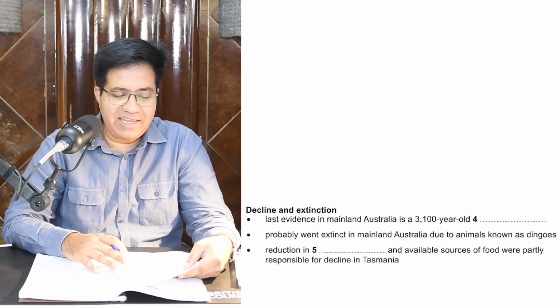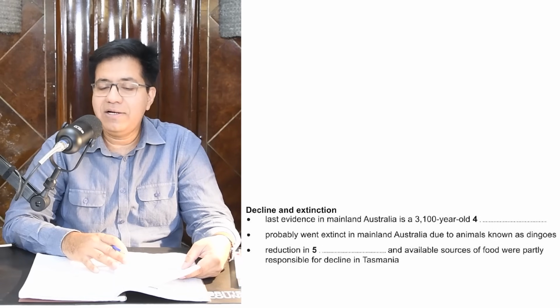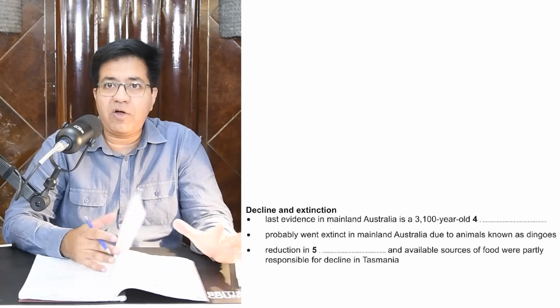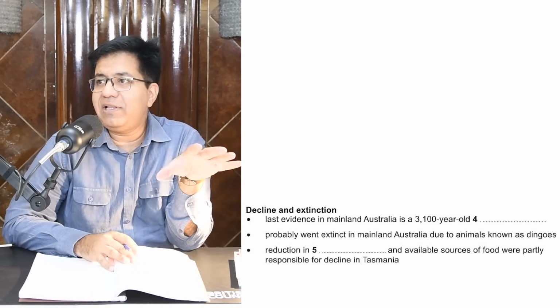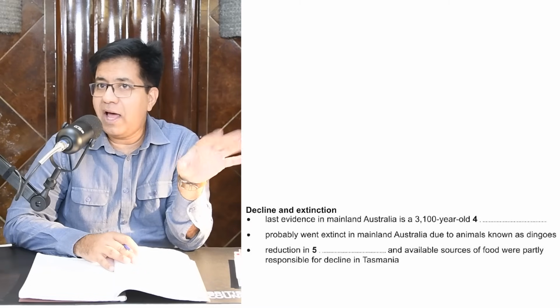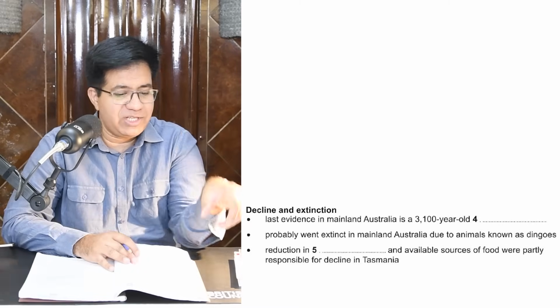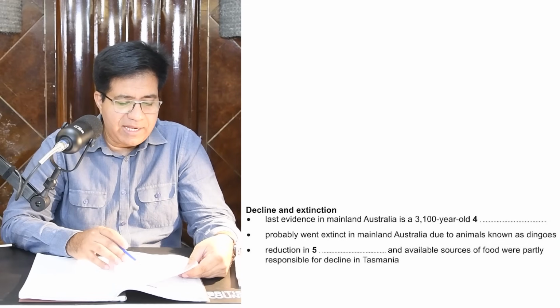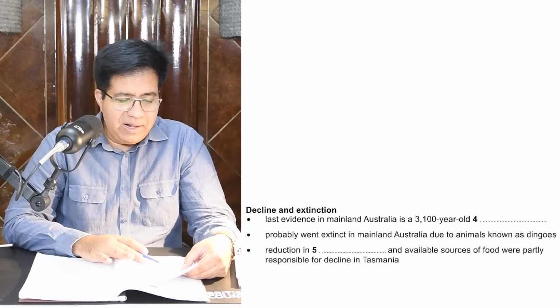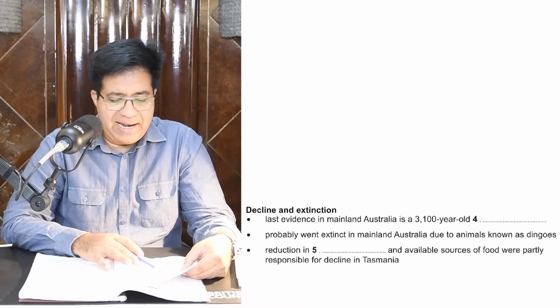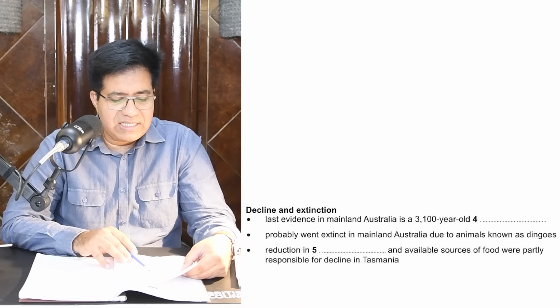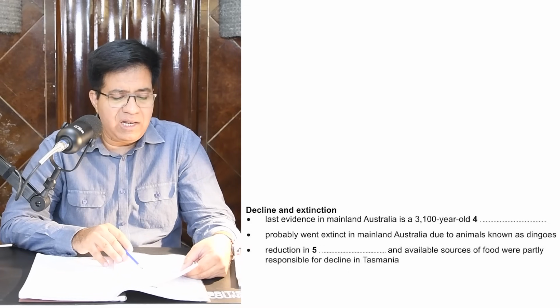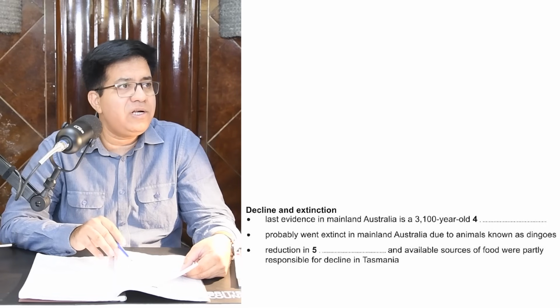Next, decline and extinction. Now they will talk about it because this animal thylacine is no more. Not like dinosaur, it is an extinct. So they talk about decline and extinction. Last evidence in mainland Australia is a 3,100-year-old dash.